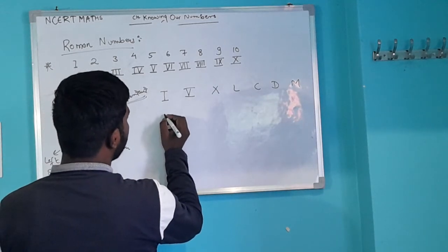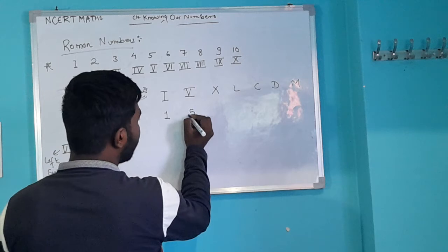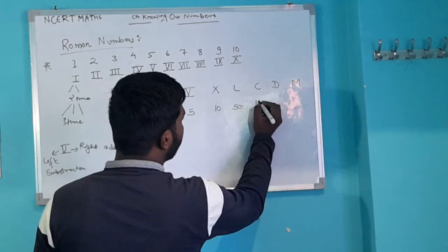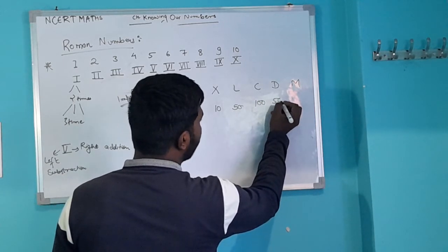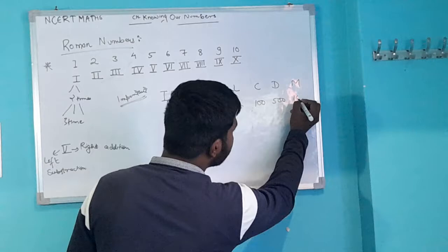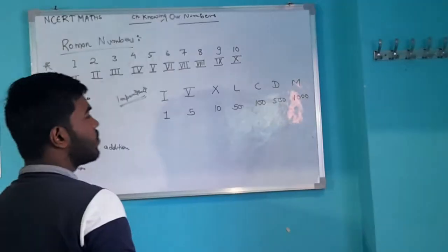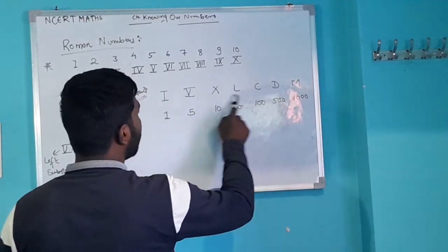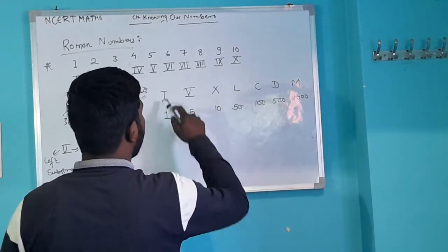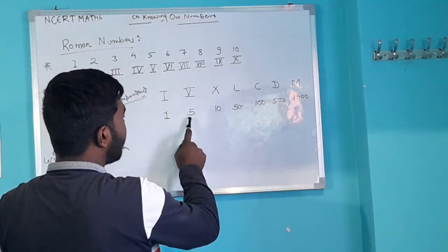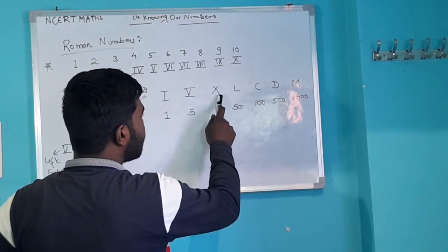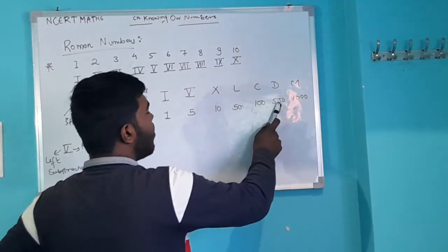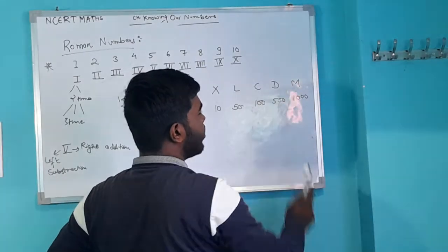This is written as 1, this is written as 5, this is written as 10, this is 50, this is 100, this is 500, and M is written as 1000. These symbols are in Roman number form, these are in numeric form. 1 is written as this form, 5 is written in this form, 10 is written in this form, 50 is written in this form, 100 is written as C, 500 is written as D, and 1000 is written as M.